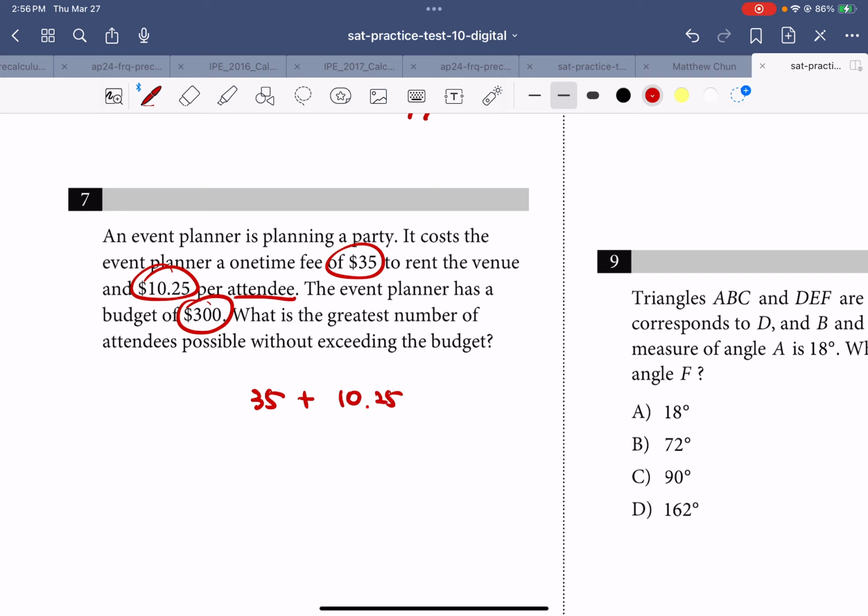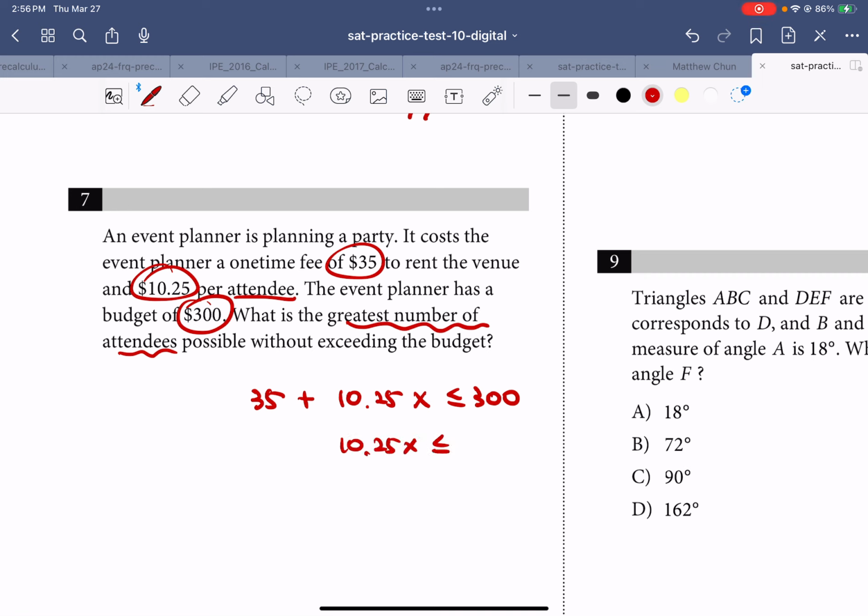Let's say x is the number of attendees. It should be within budget, so less than or equal to $300. But remember, you're looking for the greatest number of attendees, so that should be a maximum integer, not a decimal. So let's solve for x here.